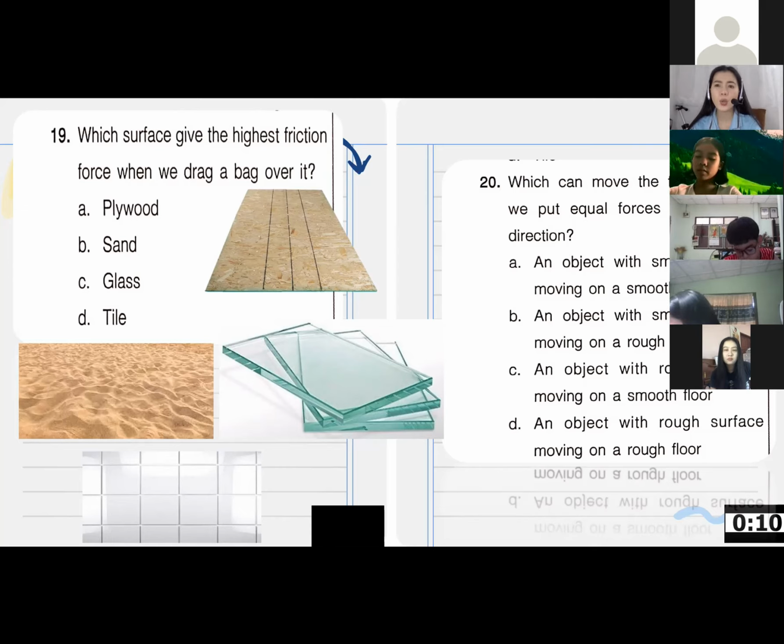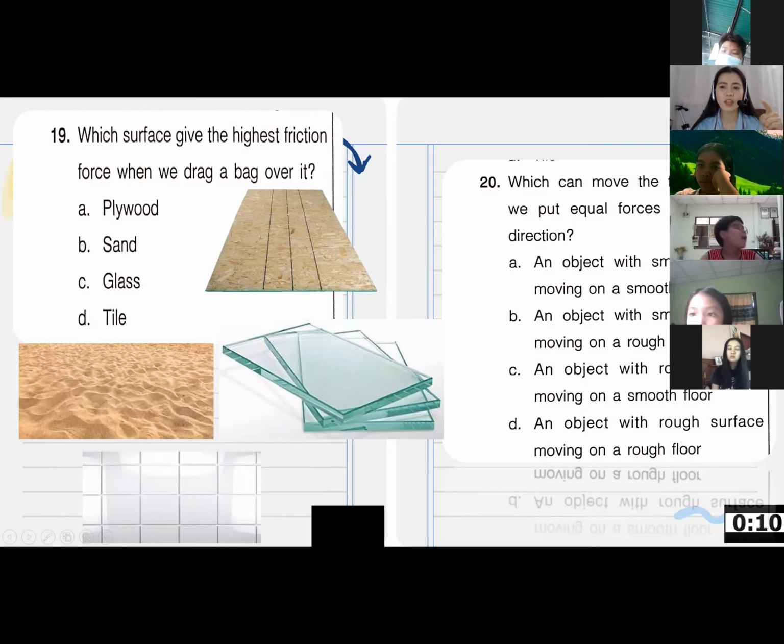Number 20. Which can move the farthest when we put equal forces in the same direction? Which will go the farthest distance? A. An object with smooth surface moving on a smooth floor. B. An object with smooth surface moving on a rough floor.